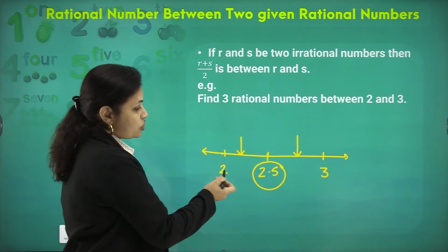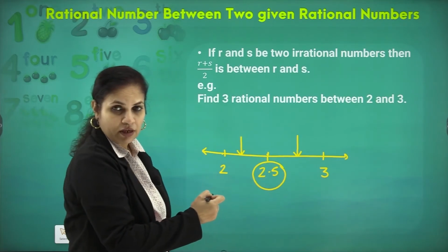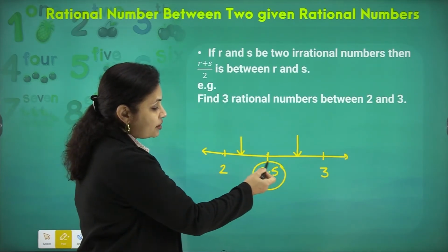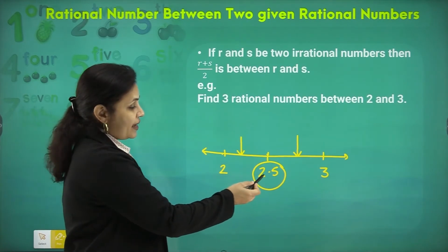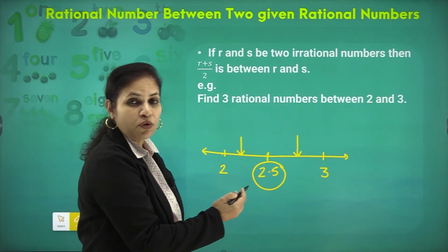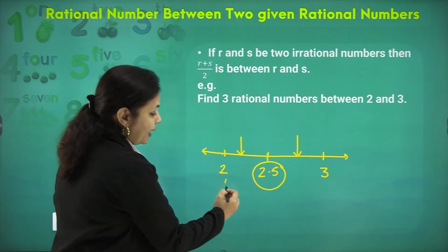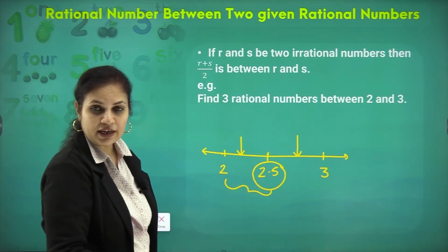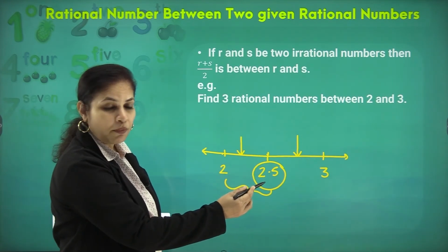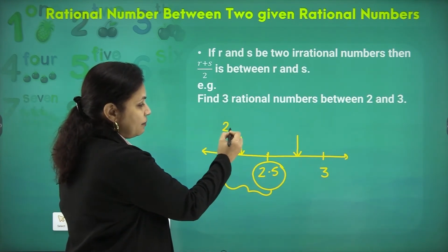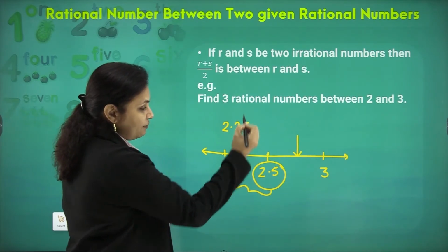Previously my r was 2 and s was 3, from where I got the third rational number 2.5. Now my r is 2 and s is 2.5, so the next rational number will be obtained by adding these two and dividing by 2. 2 plus 2.5 gives 4.5, and 4.5 divided by 2 gives 2.25.